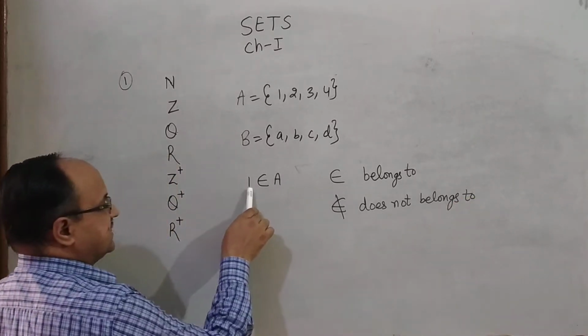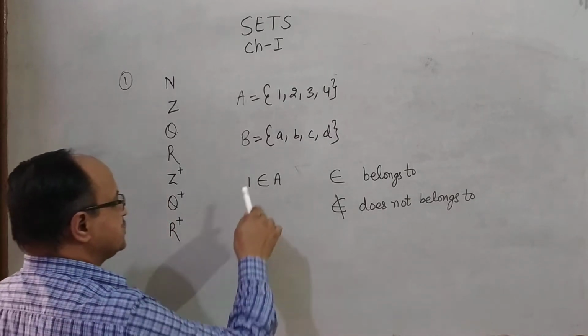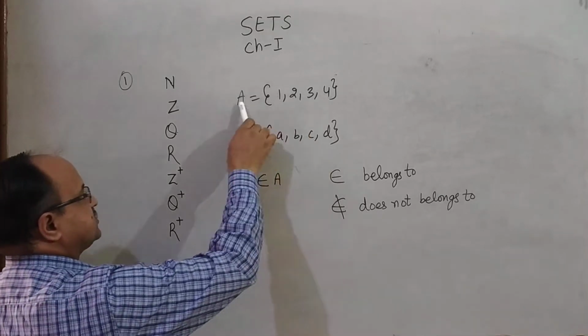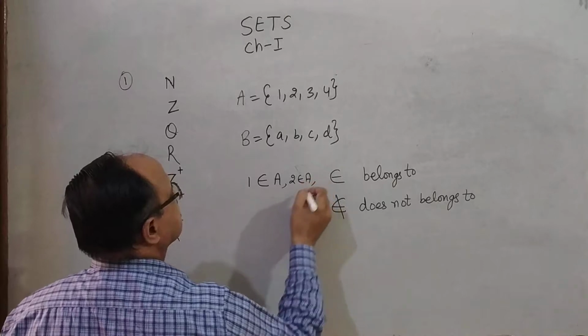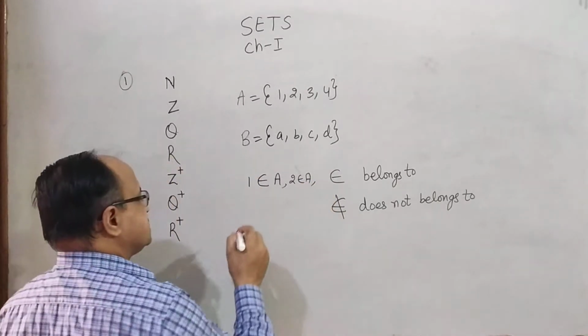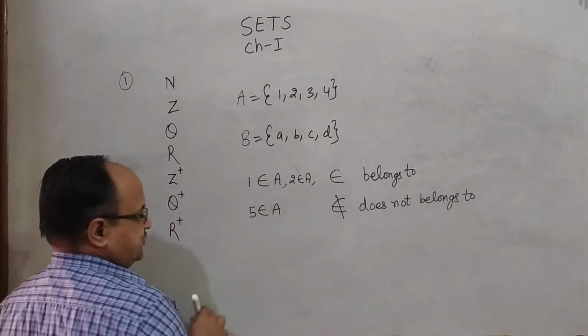You know that 1 is an element of set A. It means 1 belongs to set A. And 2 also belongs to set A. Now can you say that 5 belongs to set A? Check again.